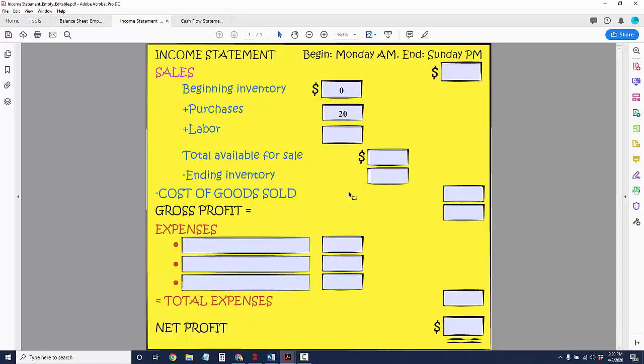Your brother's labor to produce the ice cream is also going to go here where you see labor. So you would get $1 here for production labor to produce your goods. So we had $20 in ingredients and $1 in labor, which gives us a total available for sale worth of $21.